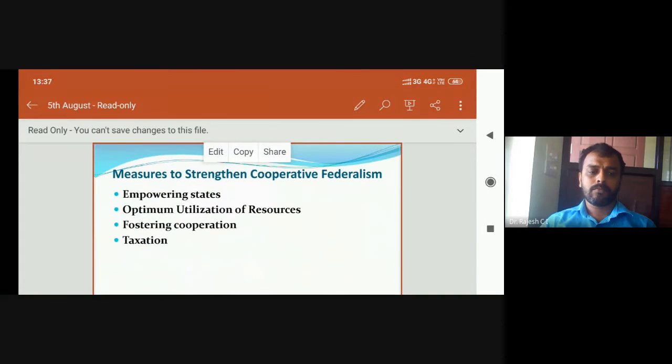Now, what are the measures to strengthen cooperative federalism? I have listed four important measures. First one is empowering states. The states should be empowered more to enable smart cities, and there should be further resource allotment. The second point, in relation to the first, is optimum utilization of resources, so that the state is empowered towards building infrastructure, transportation, and more importantly human resources.